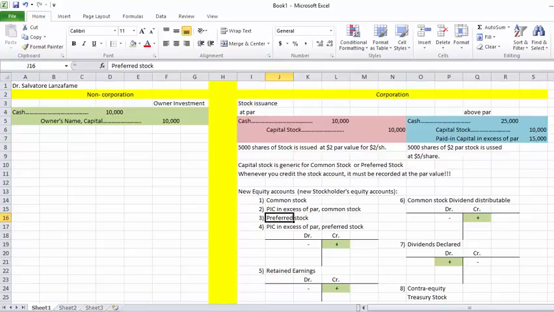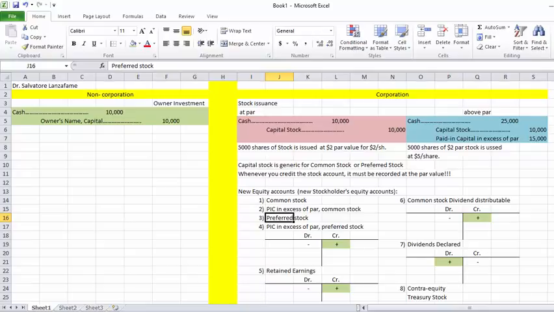Like $2 is kind of high. It might be $1, might be 10 cents, might be a quarter. They purposely make it small so that you can't sell the stock below that value. As I said before, in most states it's illegal to sell stock or issue stock below the par value. So they make it small to avoid that potential controversy.